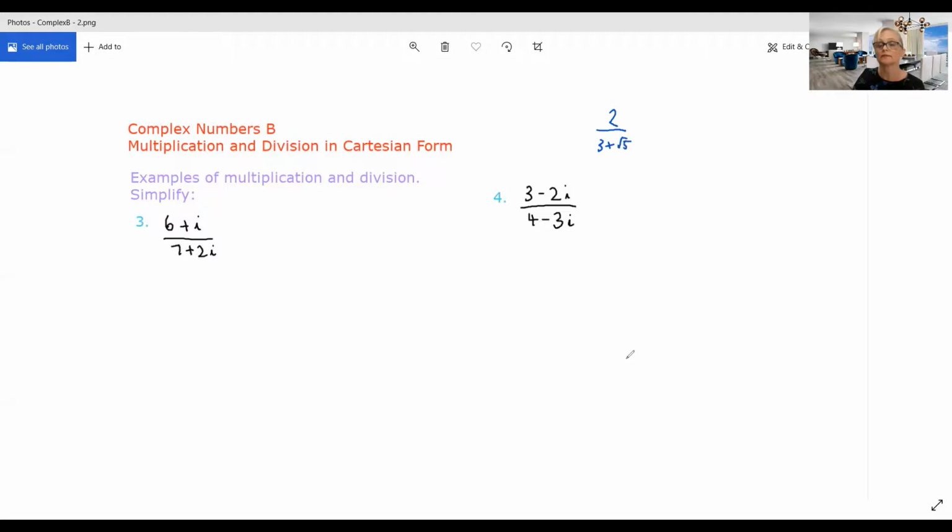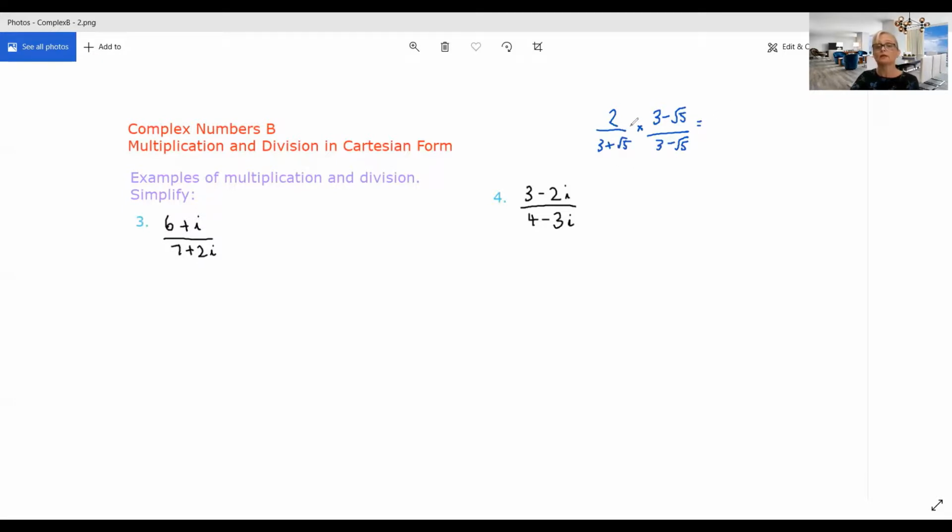Rationalise the denominator. What did I do to rationalise the denominator? Well, I multiplied by an appropriate version of 1, which is perfectly okay to always multiply something by. That's just 1. But I rigged it so that then we can use our difference of 2 squares to get rid of any surds in the denominator.